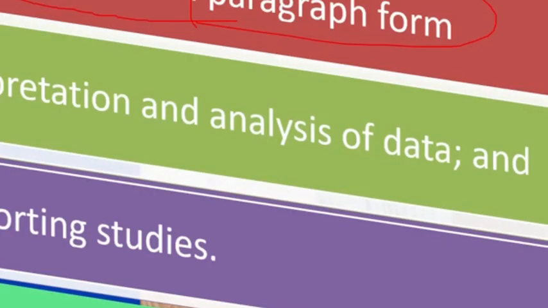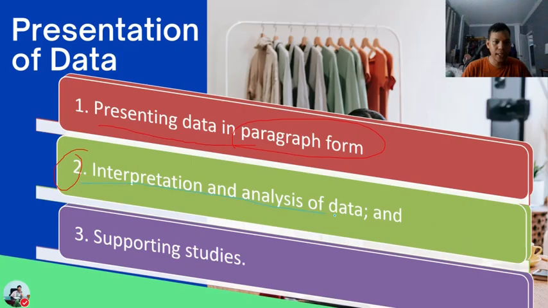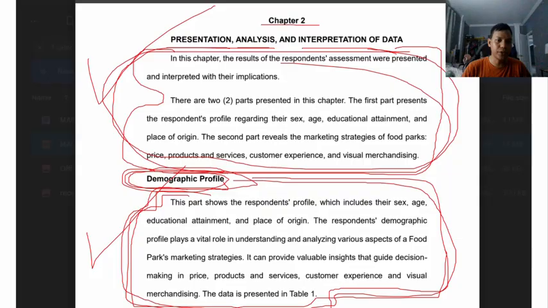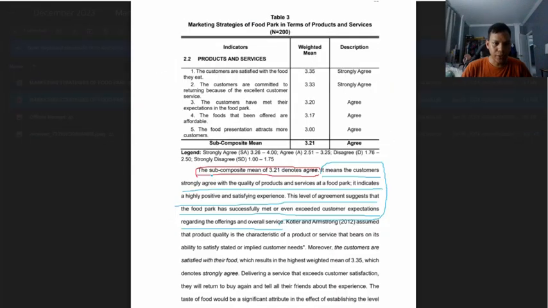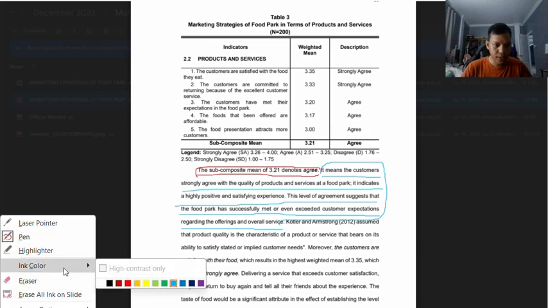Now, after the interpretation and analysis of the data, you will have supporting studies or supporting literature. After you present your data in a paragraph form, and then you analyze and interpret the data, the third one is the support of the study.